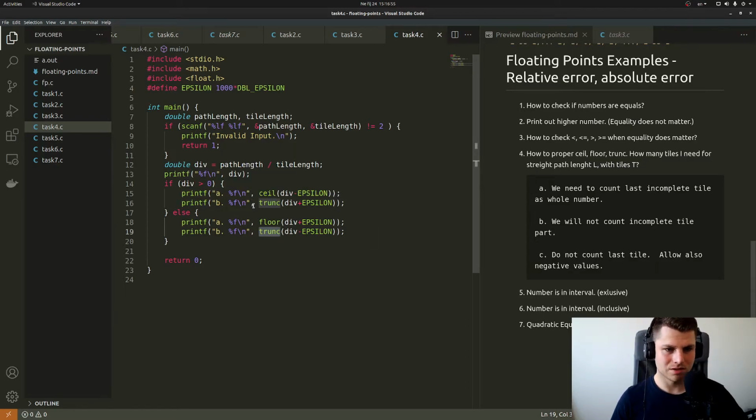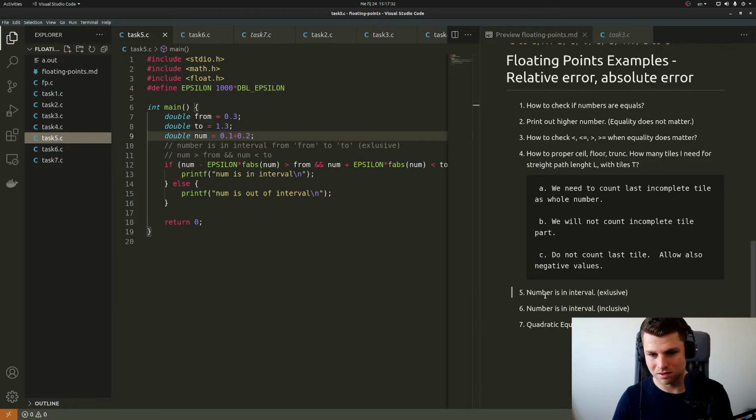So in case it's positive, we can have some number which is a bit smaller than 5, for example, and truncate would give 4, which we don't want to happen. And this works oppositely when it's negative. Yeah, so this was about truncate and ceiling.